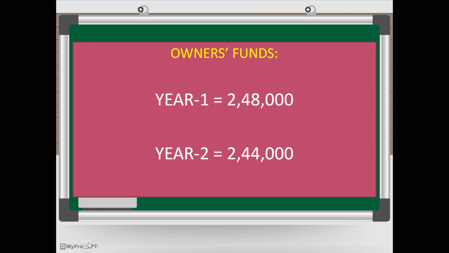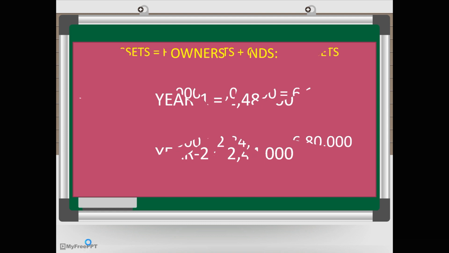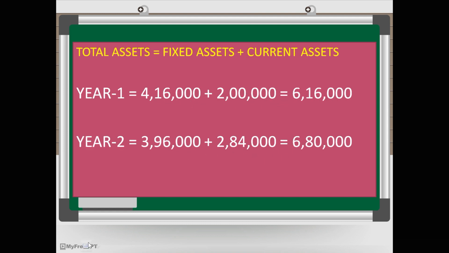You already have it, and if you were writing in your notes alongside, it will be there too, right? So we need to find out total assets. What do we mean by total assets? Fixed assets plus current assets.